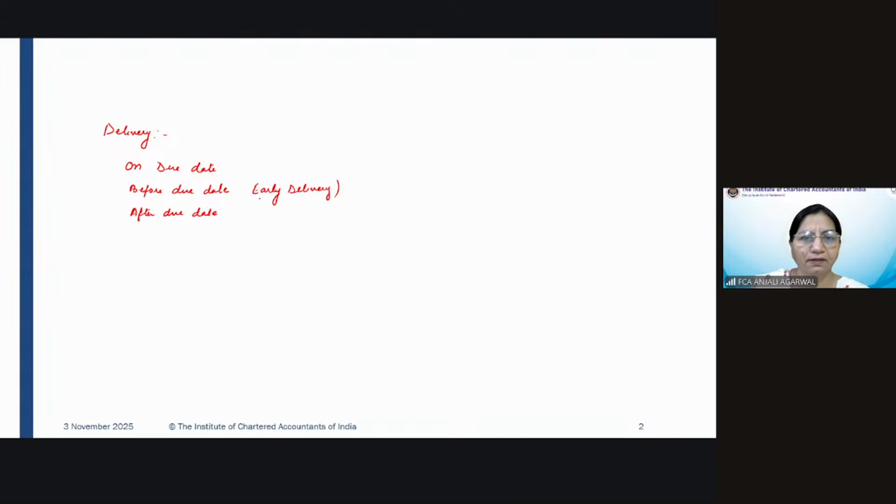Similarly, he may not want a delivery and may ask for cancellation of the contract. On the same grounds, cancellation can be done on the due date, before the due date, where forward rates would be applicable, or after the due date.